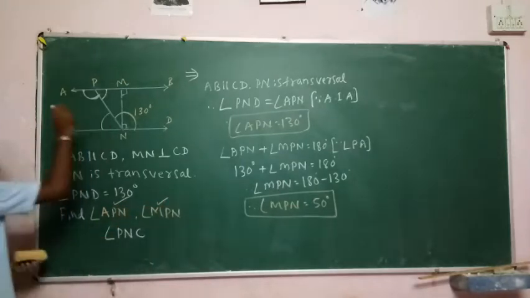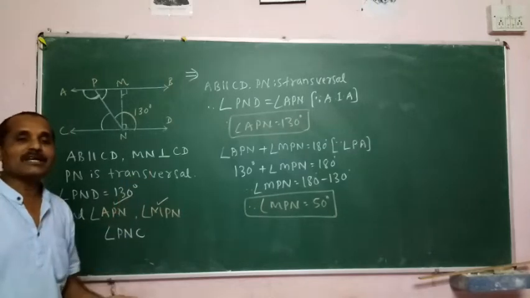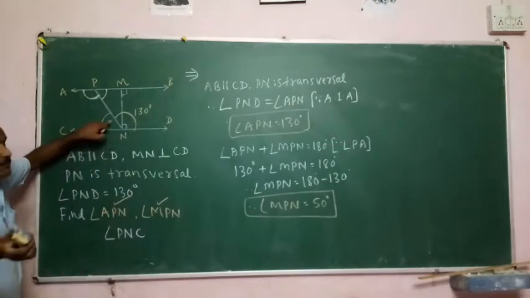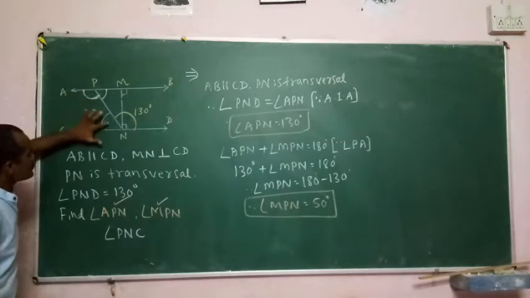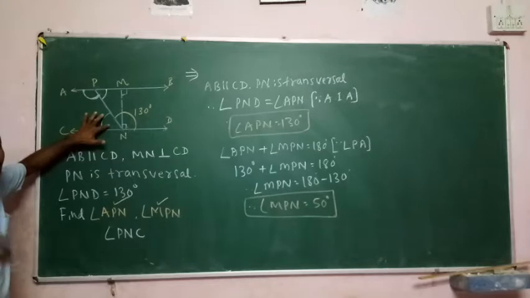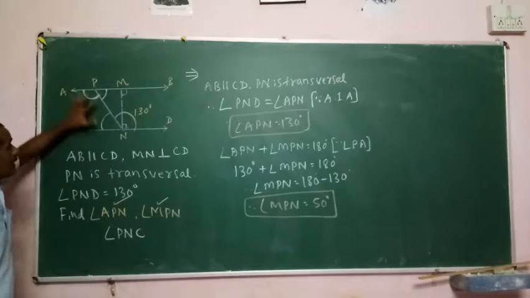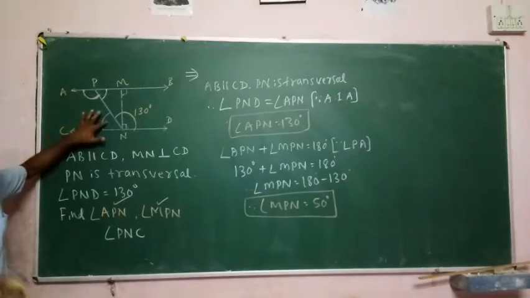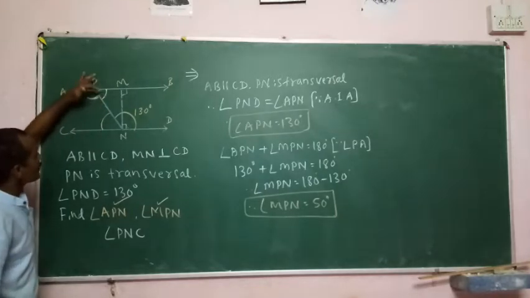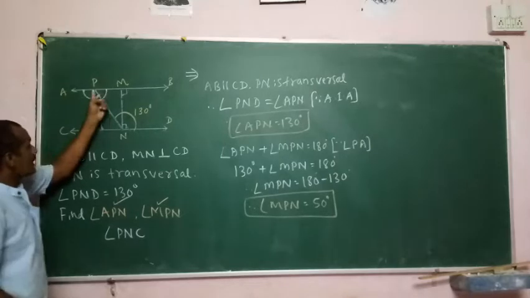I want to find this. My dear children, I have so many different ways to find this angle. See, I will tell you. Can I say the sum of these two is equal to 180 because they are called co-interior angles. Sum of these two is always equal to 180. So when this is 130, this is 50. This is one way you can find. I can say these two are called alternate interior angles. See, parallel, transversal.